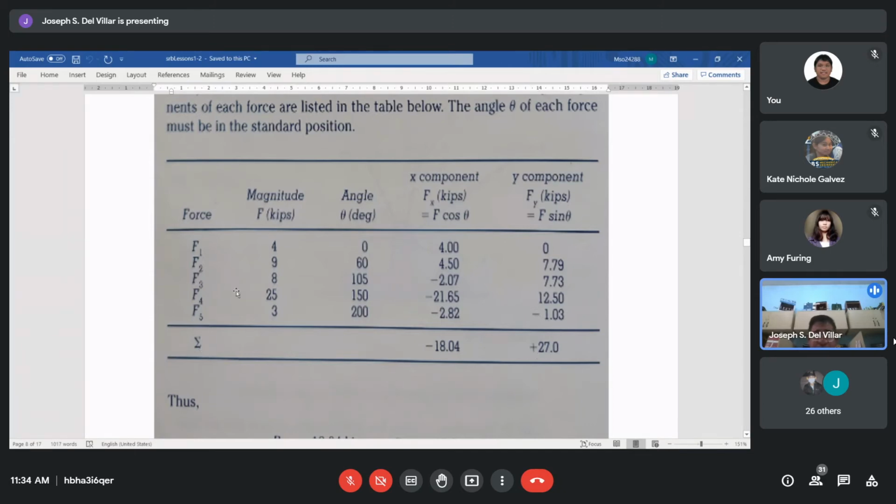So number of forces plus 2, yun yung number of rows. But the columns is always equal to 3. No? Tatlo lang. Huwag nyo na itong kopyahin. Now the summation sign indicates that we need to sum up all the x components algebraically. So meaning to say, we need to consider the signs, the negative signs also. No? So ito ganun din, we need to add all the y components algebraically.